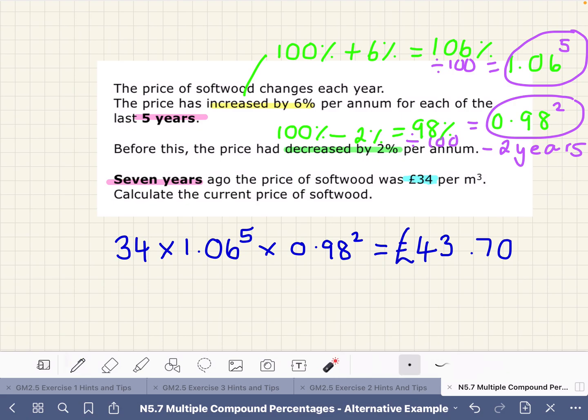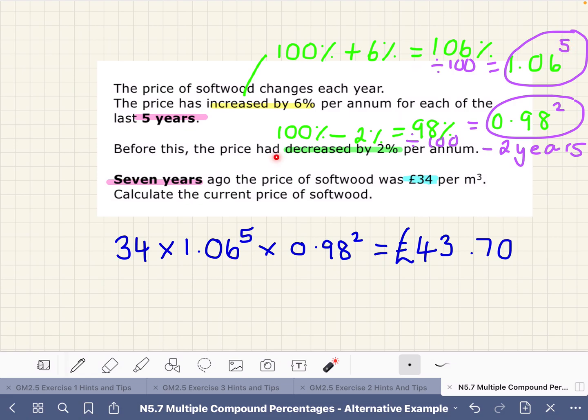Okay, so steps you need to take. Decode the question, change the increased by 6% first to the percentage, then to the multiplier, and then take into account how long the duration is. So in this case, the percentage was 106, the multiplier was 1.06, the power was the 5 years.